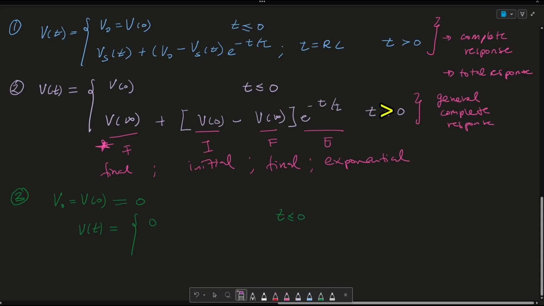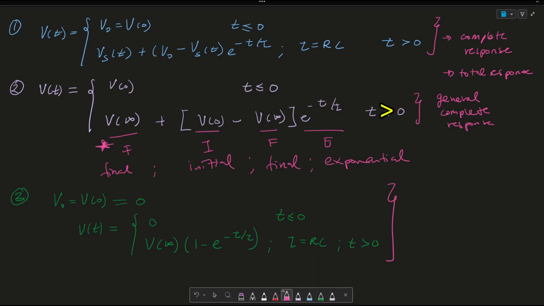And again, for t greater than 0, it's going to simplify to V of infinity times 1 minus e to the minus t over tau, where again tau is equal to RC and t is greater than 0. So then this is what we refer to as the complete voltage step response of the RC circuit.